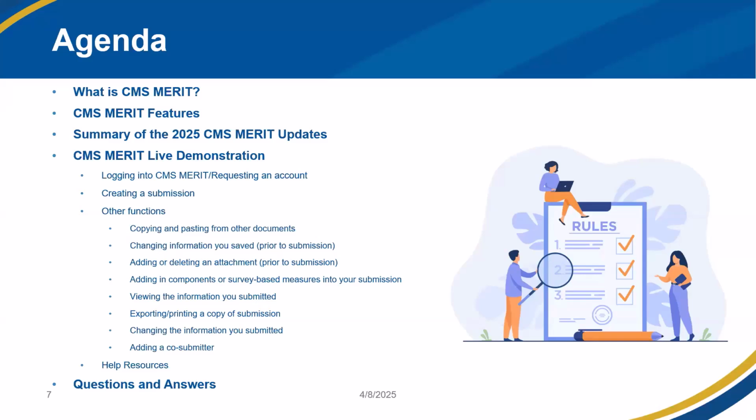And then you can also view the information that you've submitted. You can log back in and see what you've already submitted and what needs to be continually submitted afterwards. You can export and print a copy of the submission, and you can change the information that you submitted. You can also add a co-submitter.